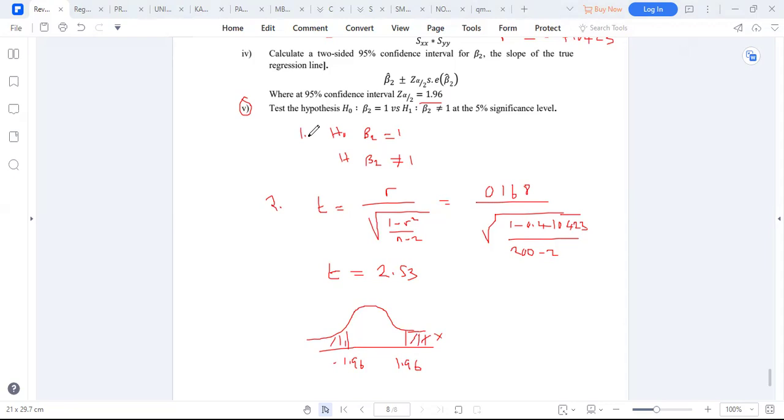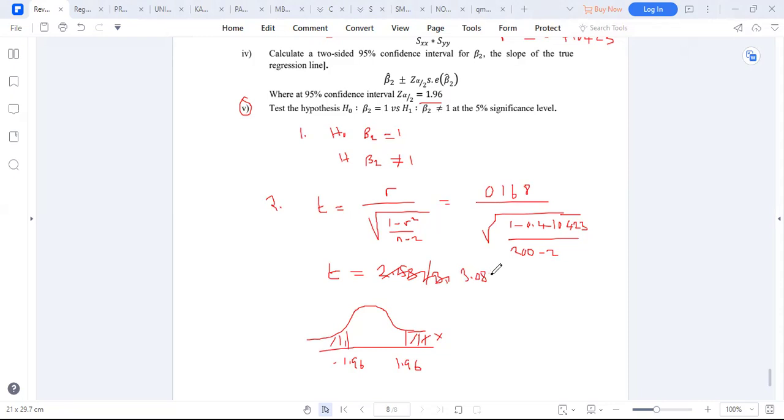So it's given 3.083. Answer is 3 point what? 3.083.